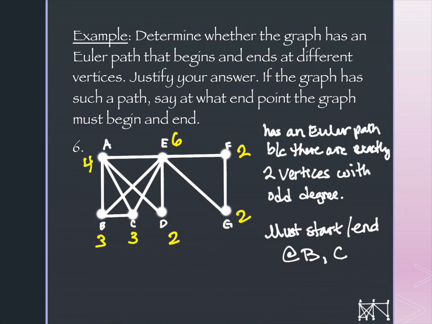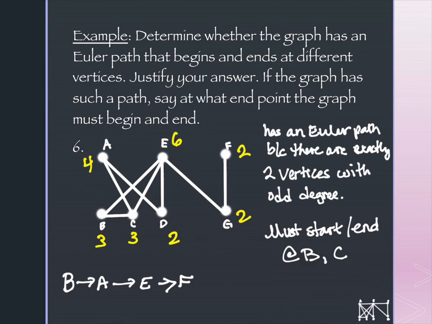Do you want to start at B or C? B. Okay, so if we start at B, where will we go? B to A. Cool. So here's B to A. Where do you want to go from A? A to E. Okay, so A to E. And then what? E to F. Okay. At that point, we don't have a choice.